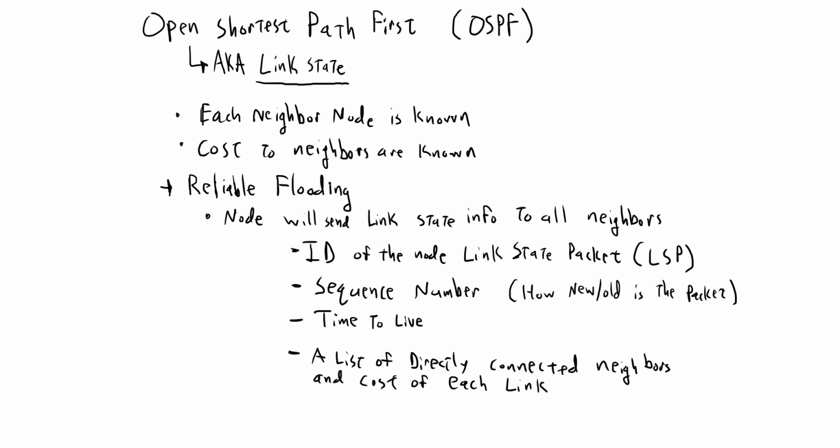And so the red stars are used for routing calculations. The elements that are marked in blue, those are used as how we create the reliable flooding.